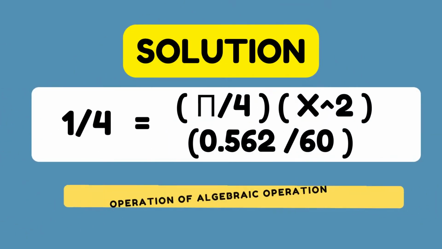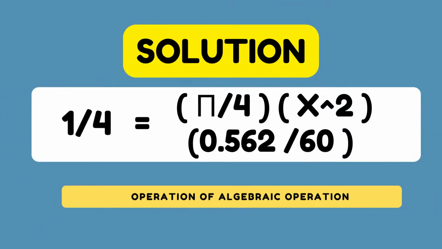Further operating the algebraic equation, we substitute the given value of volume flow rate with dV over dt, which is 1/4, and 0.562 for the value of dy over dt.